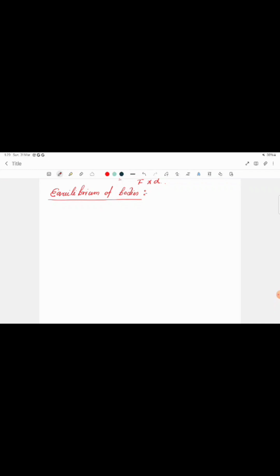Equilibrium of bodies basically has two types. One is called static equilibrium, and number two is called dynamic equilibrium.